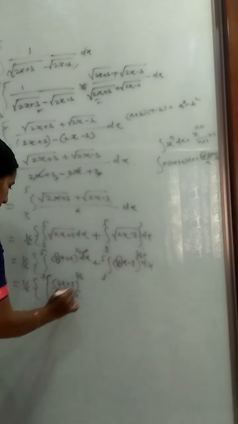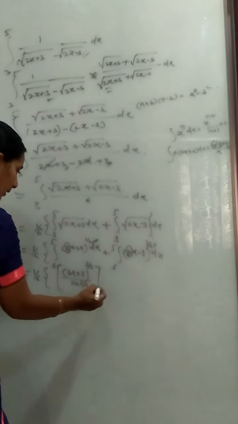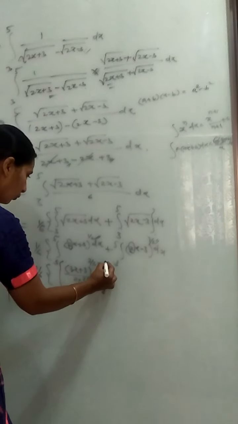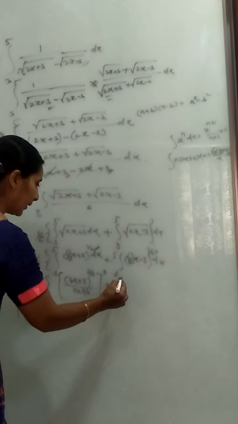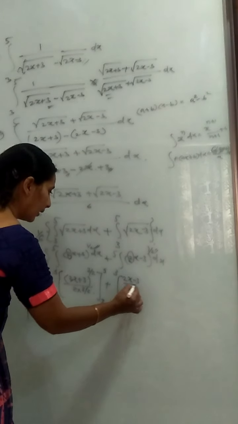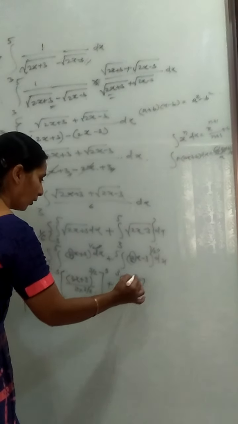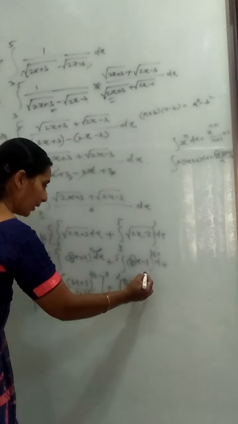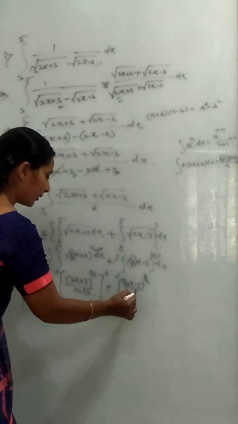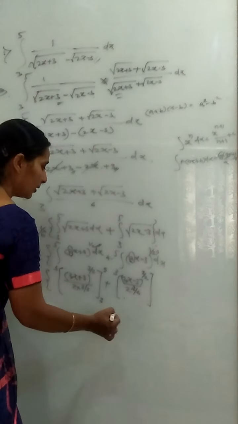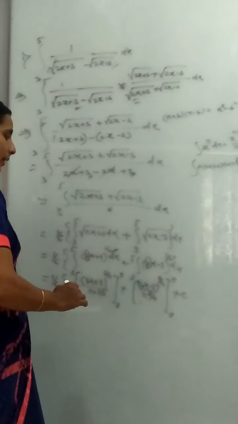Here we write plus the second term, (2x minus 3) divided by 2, the value of a, raised to 3 by 2, divided by 3 by 2, and the limit of this integration is 3 to 5, and c is the constant for the given integral.